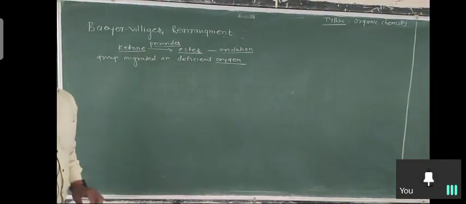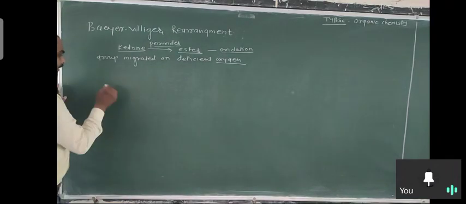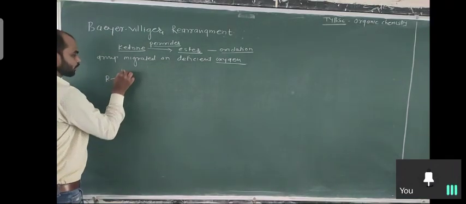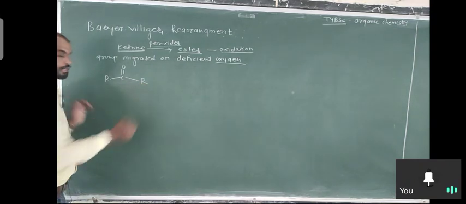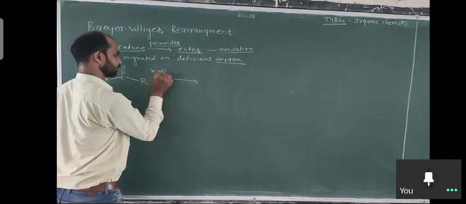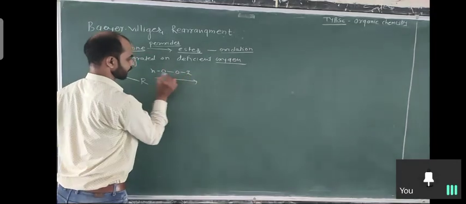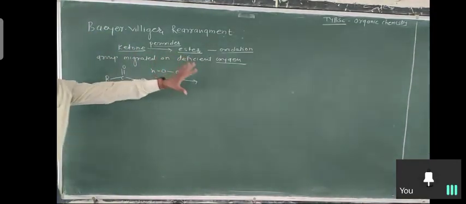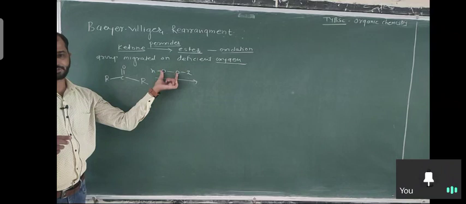So first of all we are going to discuss some general presentation. When a ketone is taken here, it reacts with the peroxide. Here is the Z. Z means any attachment, but mainly this attachment is required.